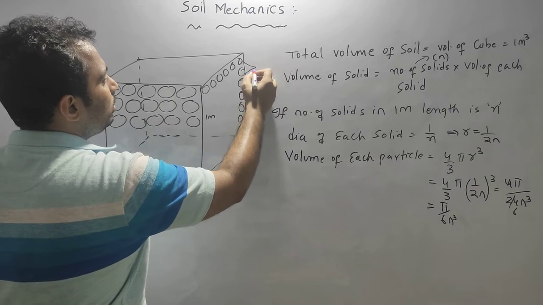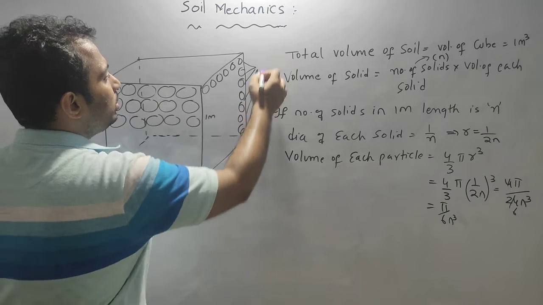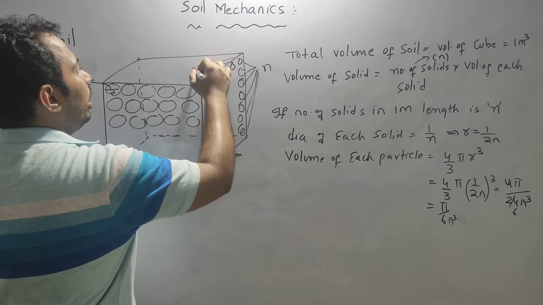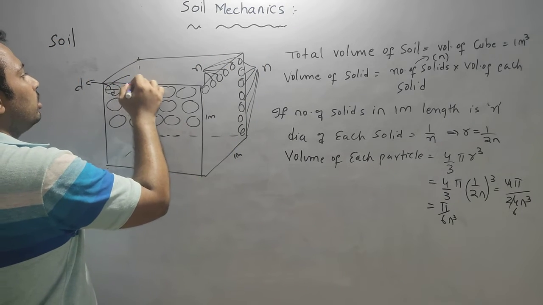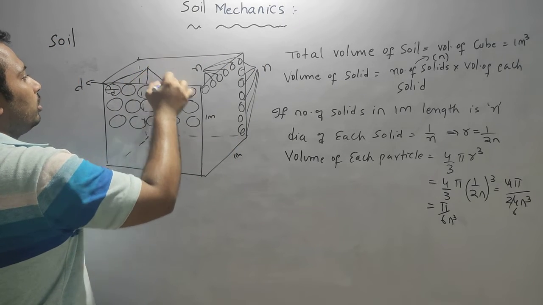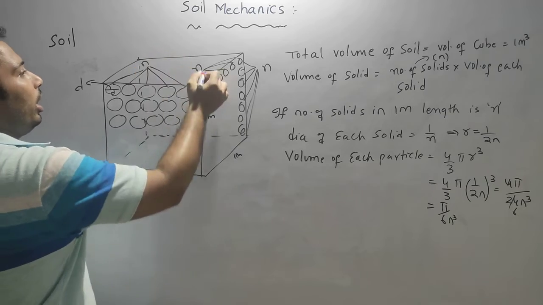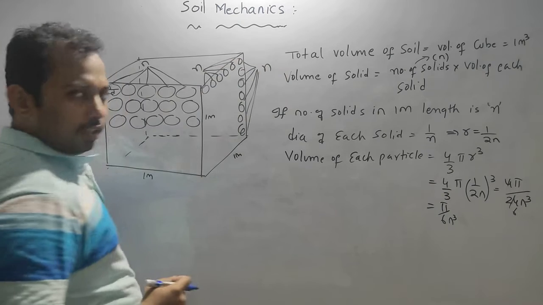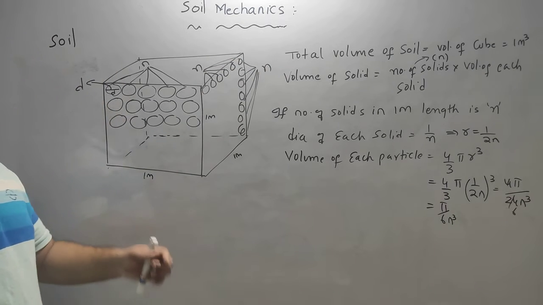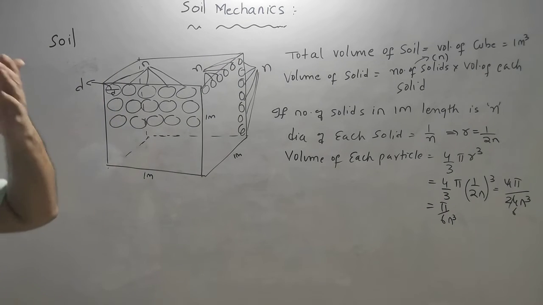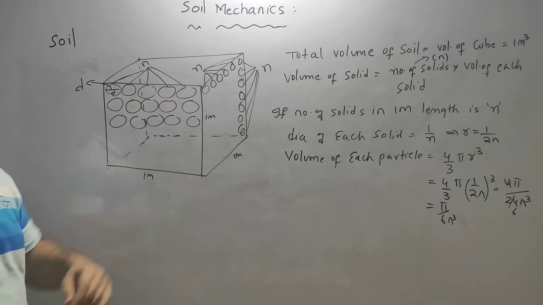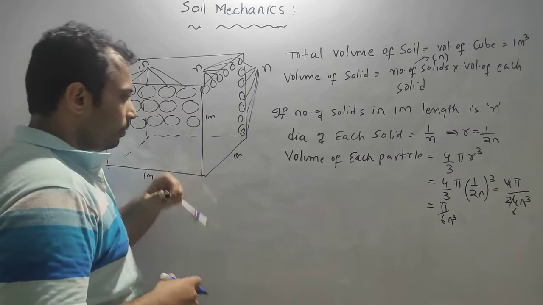So this is n, this is n, and this is also n. So lengthwise n, widthwise n, depthwise n. So the total number of solids is the multiplication of these.